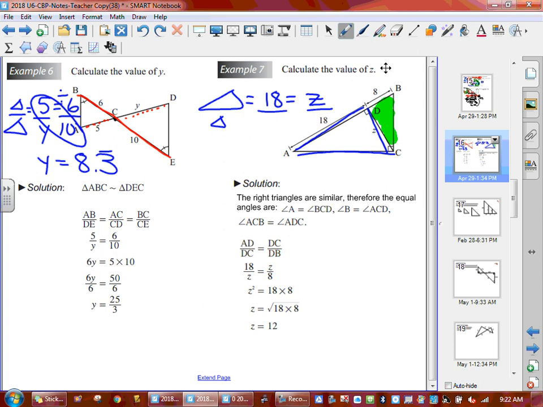Is this guy right here, Z, of the blue triangle, my smallest, largest, or medium-sized leg? He's the smallest. So who's the smallest one on the green triangle? 8. So the smallest matches the smallest, always. So he's going to match 8. Well, then that means this diagonal is going to match Z.